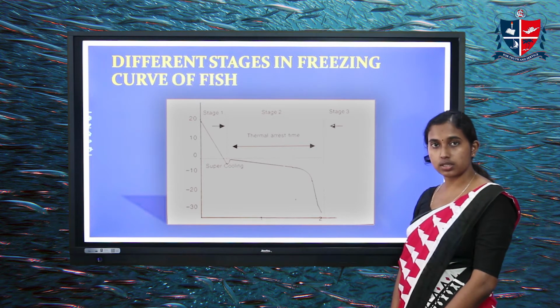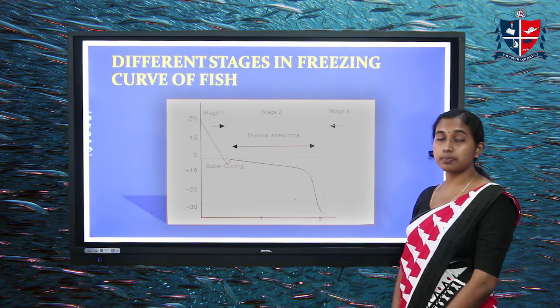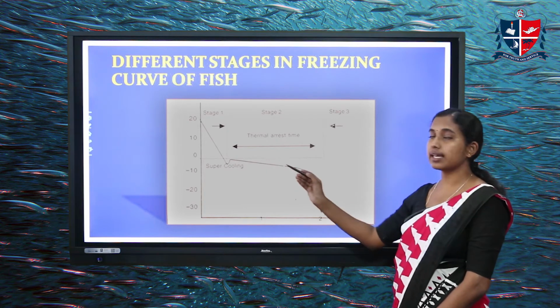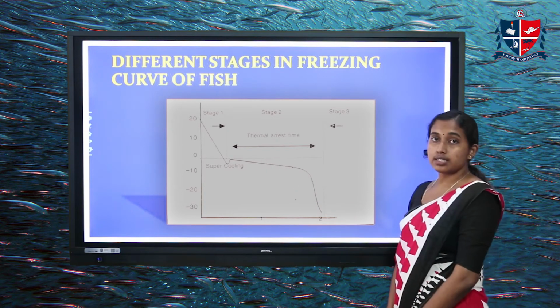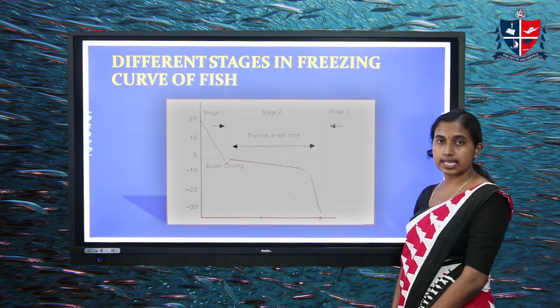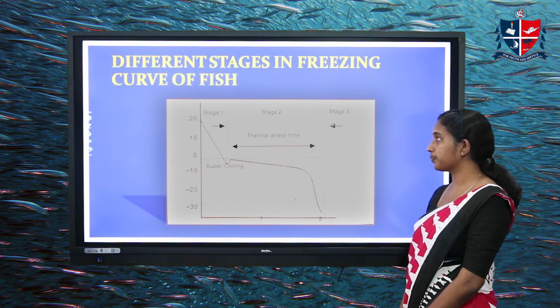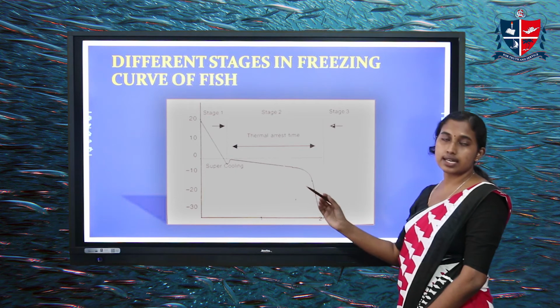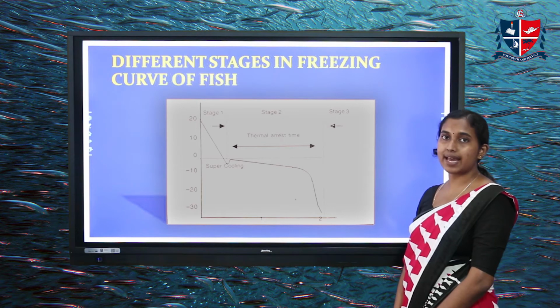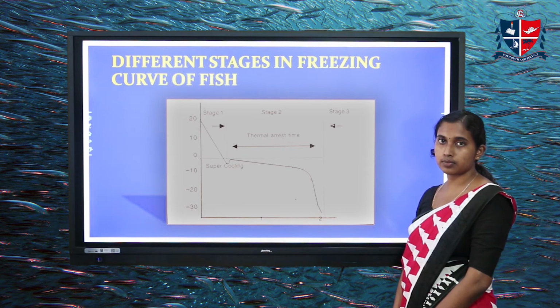Around 3/4 of the water in the body of fish, or 80% of the water in the body of fish, freezes during this stage. The rate of cooling at this stage determines the size of ice crystals formed, and this stage is thus called the critical range or zone of maximum crystallization.